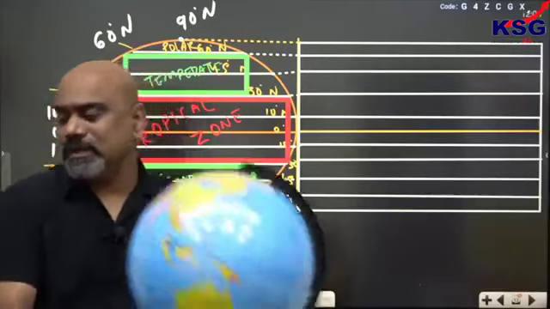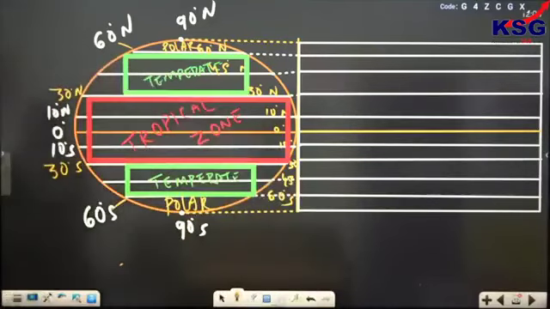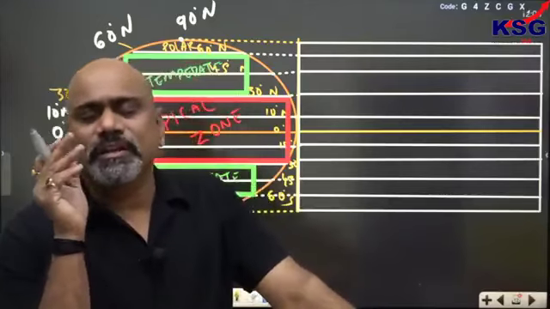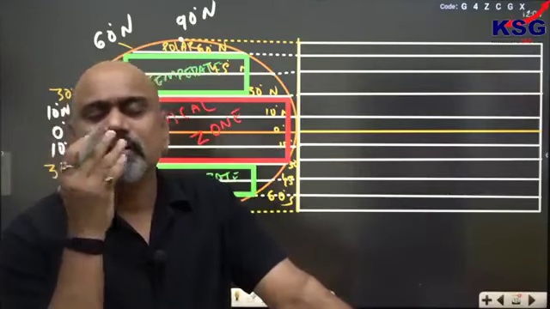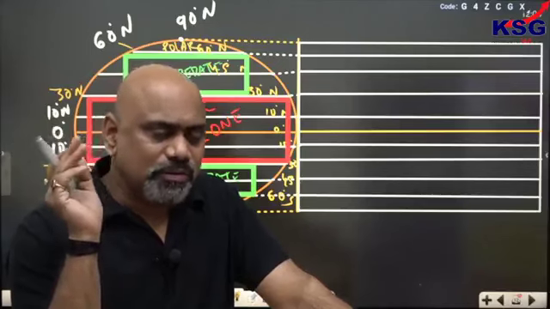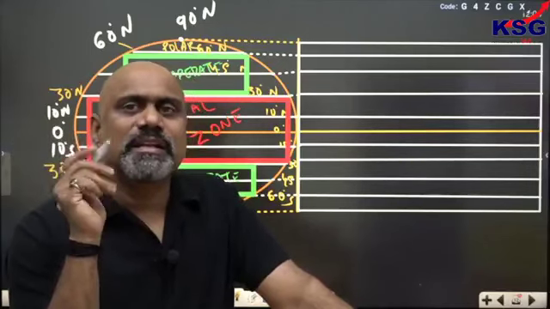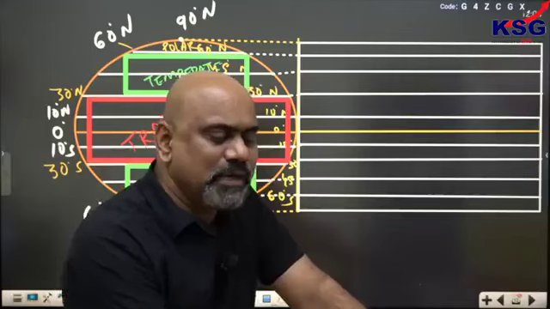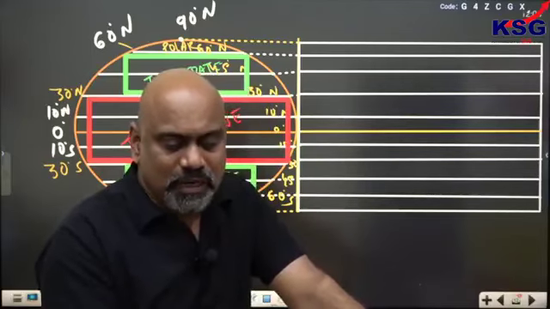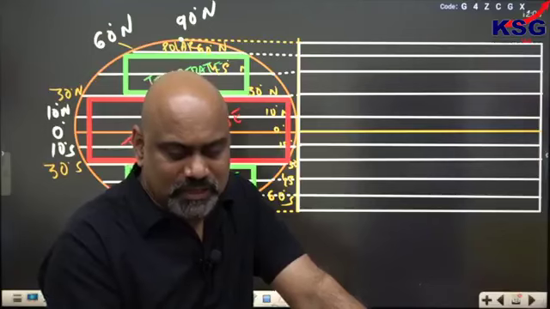But for our convenience, we take 30 degree north to 30 degree south, because there is no uniformity in the distribution of continent and ocean on the earth surface. Because of unequal distribution of continent and ocean, there is a variation in their characteristics. We usually roughly take 30 degree north to 30 degree south.